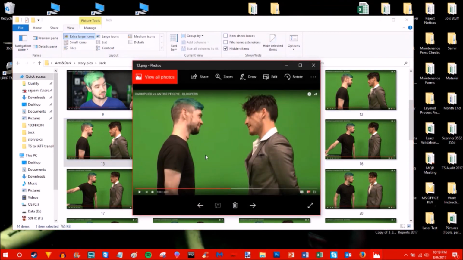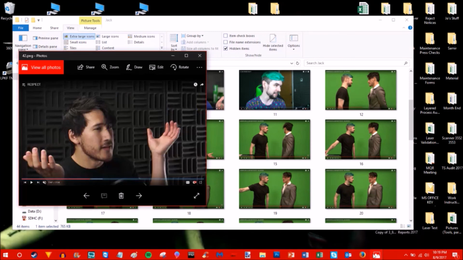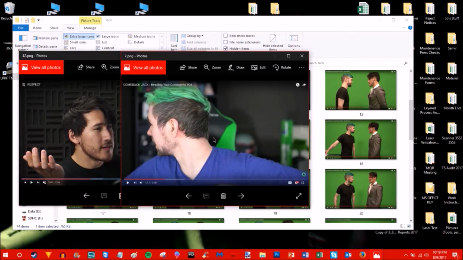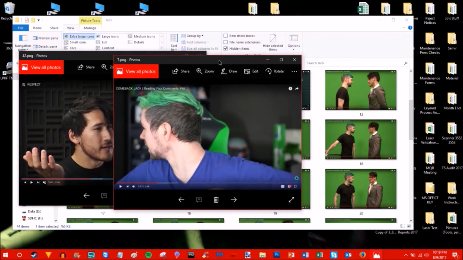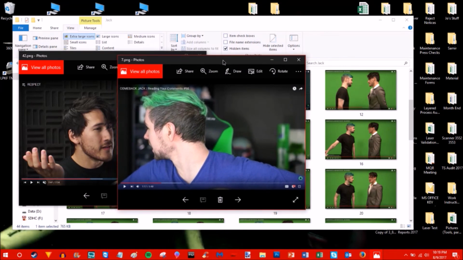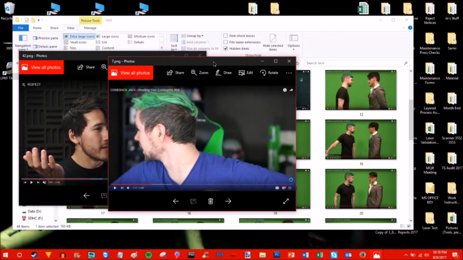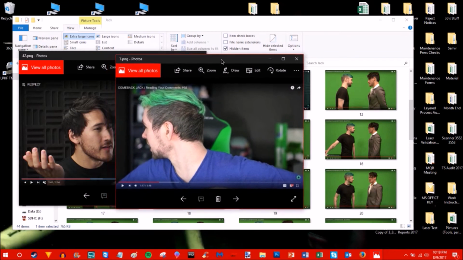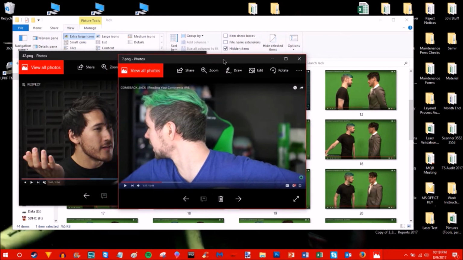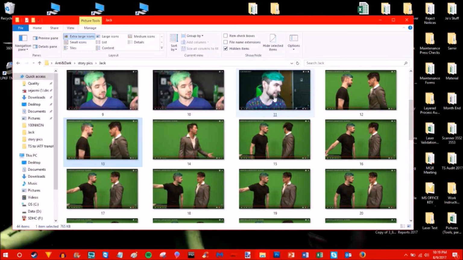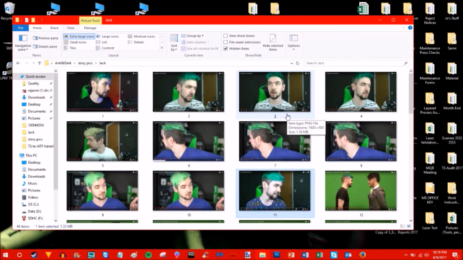I was just going to take this picture and take out this blank space between them, considering they are looking right at one another, and all I would have to do would be to smush them together. But the more I looked at these two together, I really think this would make a really good image. I'd have to do a little bit of manipulation with head angles, but I'm really digging that.